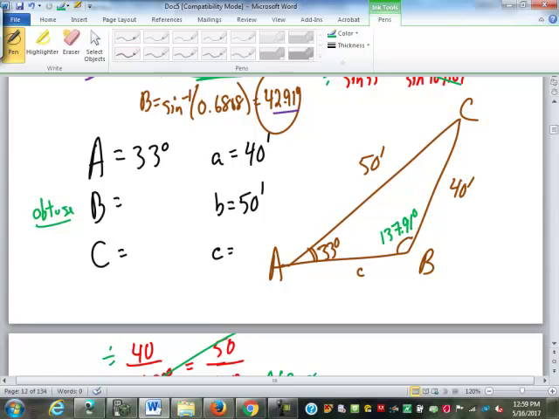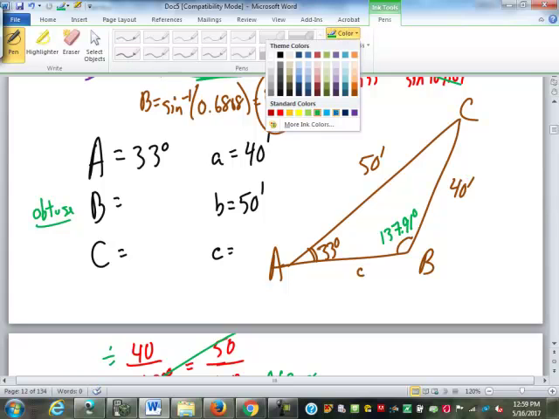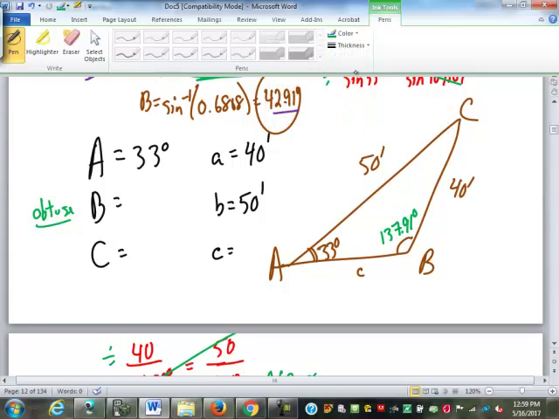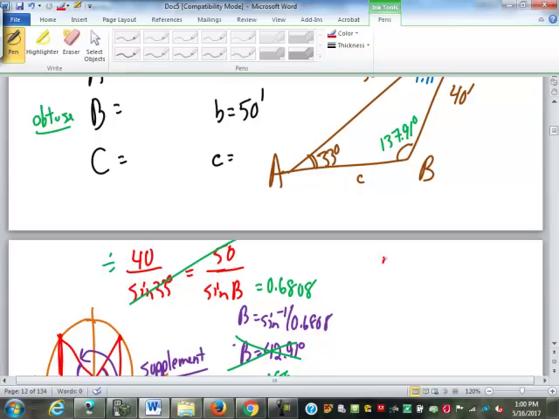So there we fill that in, and now we can find our final side, or final angle, I should say. We take 180 and we subtract those, and we are going to get what, 9.91, I believe, here for angle C. And now we can find side C. We still have 40 over the sine of 33 degrees equals side C over the sine of 9.91 degrees.